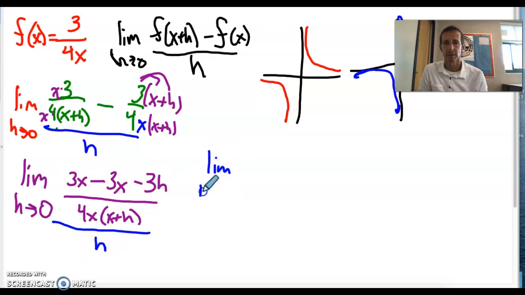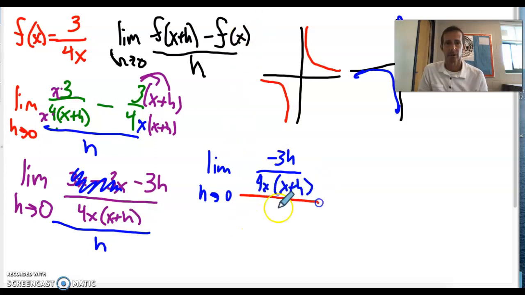So I have the limit as h approaches 0. And notice 3x minus 3x, those cancel. This still has a negative 3h. It's very important that the minus 3 gets distributed, which turns that into a negative 3h. This part hasn't changed, 4x times x plus h, all over h.